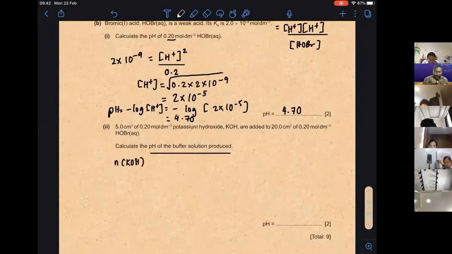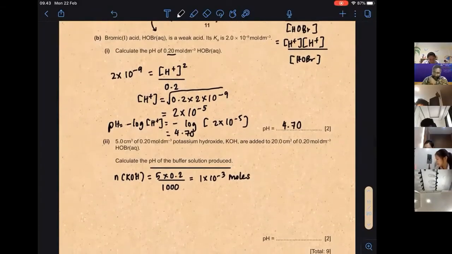The number of moles of KOH is 5 times 0.2 divided by 1000, and you will get 1 times 10 negative 3 moles.